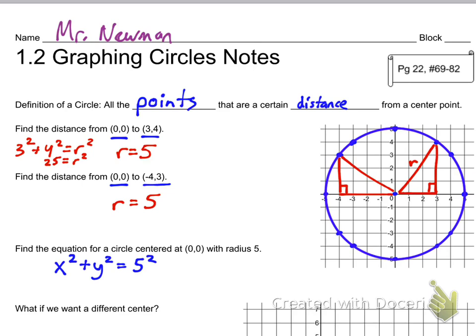We could have negative x because the squaring will make it positive, or negative y, but whatever x and y you plug in must fit that equation. And the reason is because that's how you find the distance from the center. Notice something, that 5 squared is 25, so x squared plus y squared does not equal the radius, it equals the radius squared.